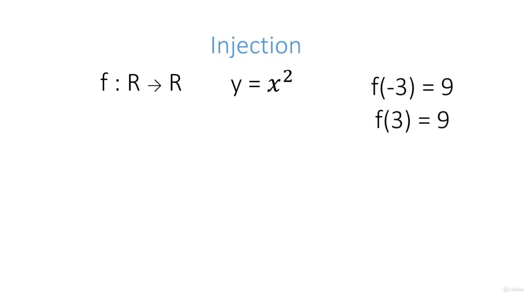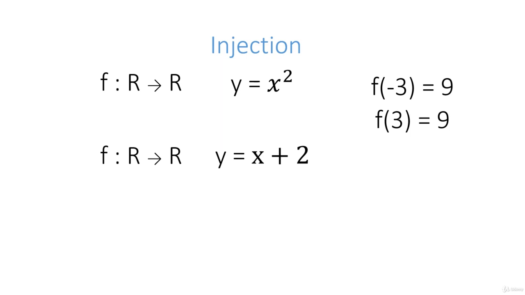Because, for example, 3 and minus 3 will both result in 9. So there are two arrows pointing to 9. But, for example, the function y is equal to x plus 2 is injective. Why? Because there are no two x's that will result in the same y.